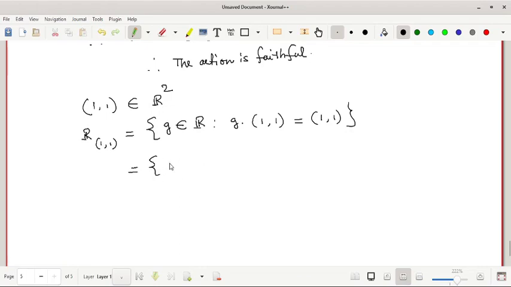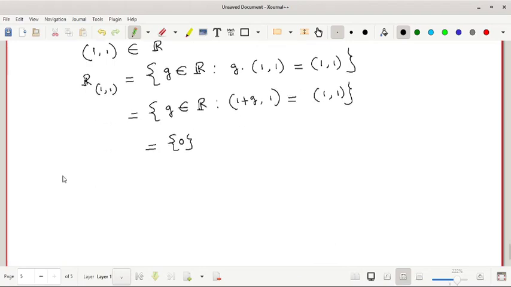This is equal to the set of all g in R such that, what is g dot (1, 1)? (1 plus g, 1) equal to (1, 1). So what should g be? It has to be equal to 0. So this set is precisely {0}. So the stabilizer of (1, 1) is the singleton {0}.